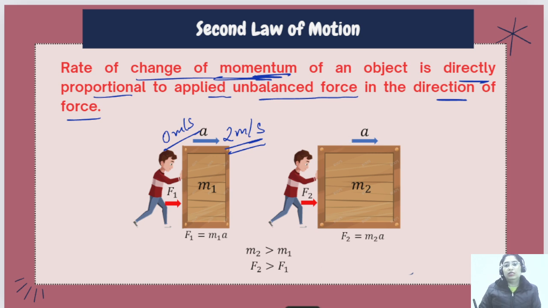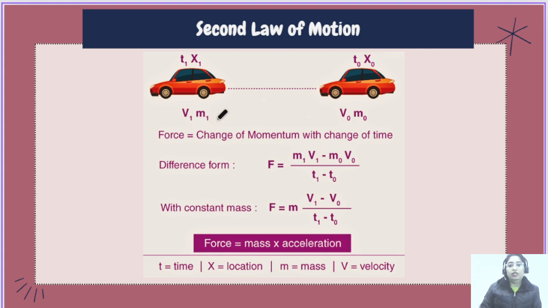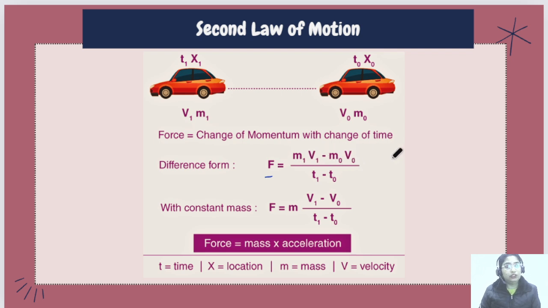So what will the change of momentum basically be? Momentum is mv. This is the formula for momentum, correct? And v is velocity here, but the velocity is changing, right? So let's see the derivation. F is proportional to mv minus mu, the final momentum minus the initial momentum. You can write initial as u, all right?